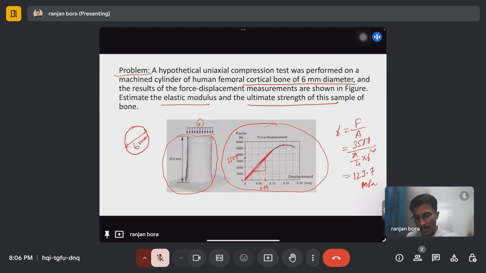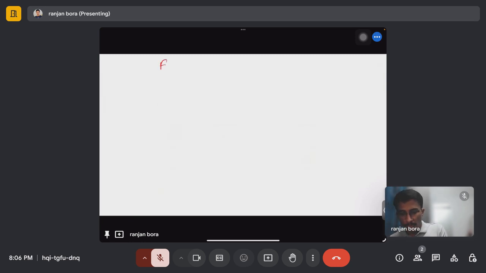Corresponding to this point, the strain is change in length divided by original length. So the change in length is 0.09, and the original length was 12, so it will be 0.0075. Now the elastic modulus or Young's modulus, E, equals stress by strain.